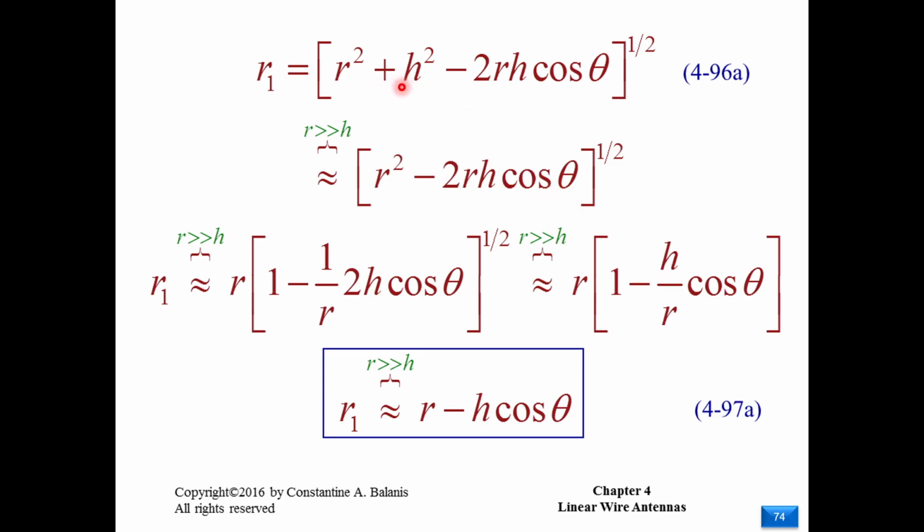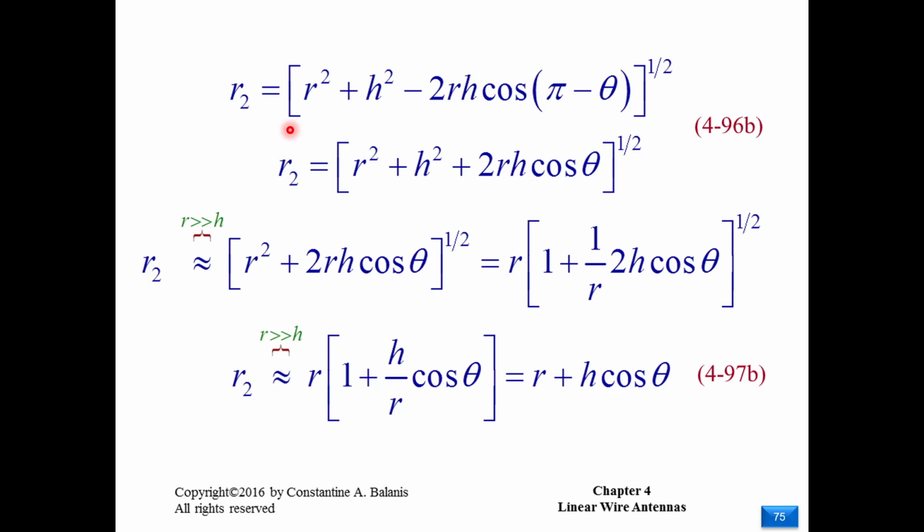And here is the famous approximation: we can neglect h square with respect to R square because R is much larger than h, and use a Taylor series expansion. The Taylor series expansion gives us that R1 for the actual source equals R multiplied by 1 minus h over R cosine theta. With a similar approximation, we can find R2, which equals R plus h cosine theta.